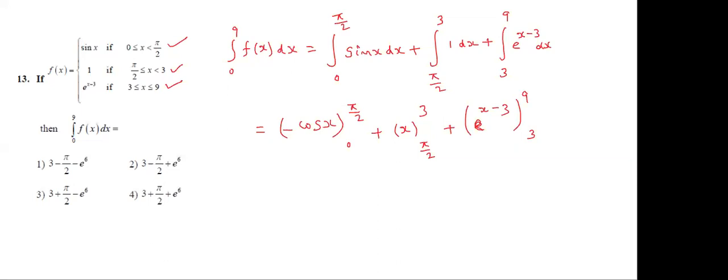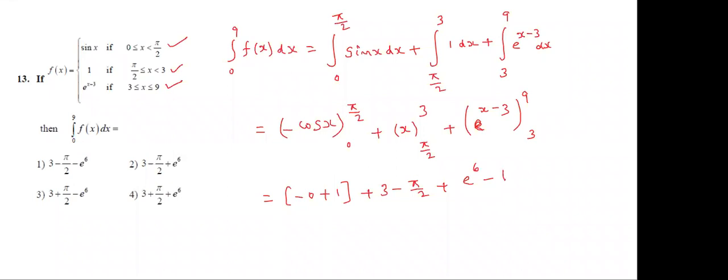Now substitute the limits. First the upper limit: cos 90 is 0, minus cos 0 is 1, that means here plus 1, plus 3 minus pi by 2, plus e power 9 minus 3, that is 6, minus e power 3 minus 3, that is e power 0, that is 1.